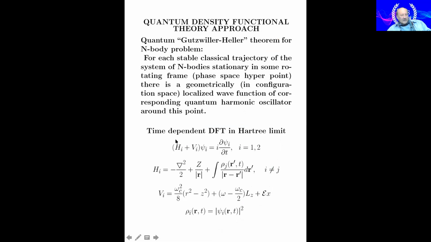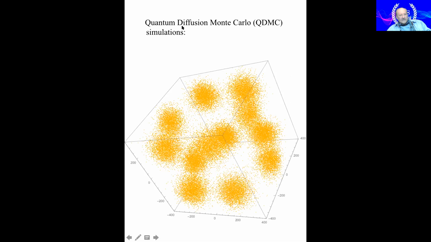The only way to run the simulations on the grid is the time-dependent Hartree-Fock approximation, when you consider n single-electron equations, and each electron is in the effective field of the other electrons, and therefore the field of the other electrons plus the magnetic field plus the rotating electric field are creating conditions suitable for non-dispersing wave packets. Okay. So this is how the diffusion Monte Carlo simulations look.